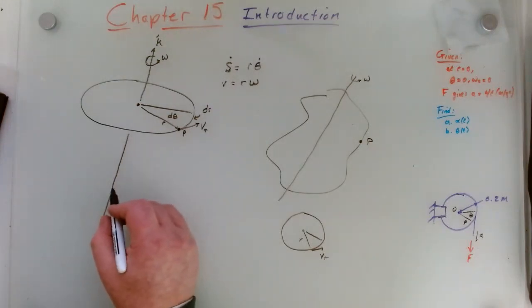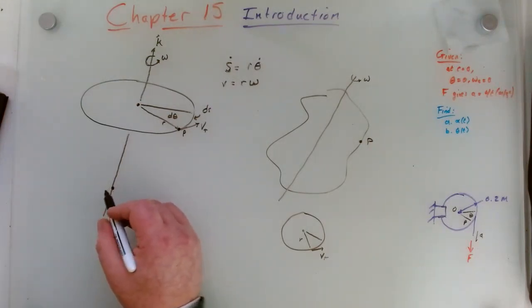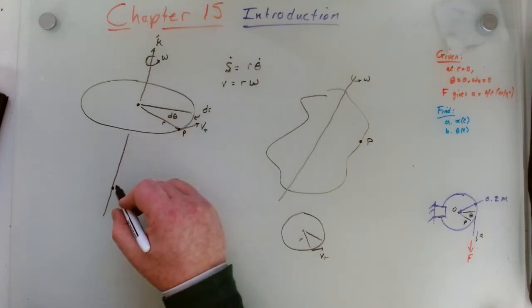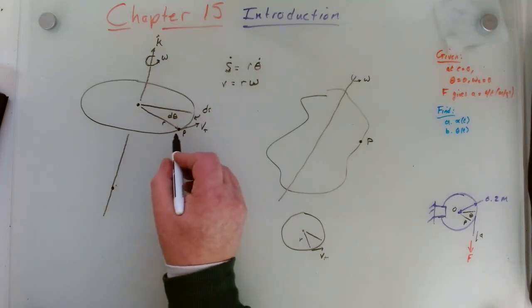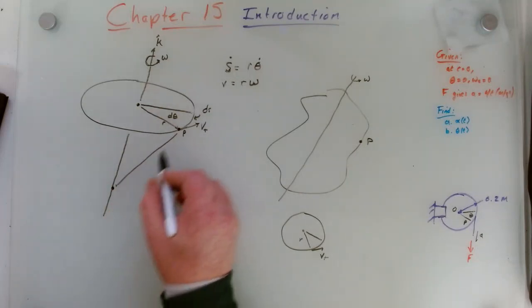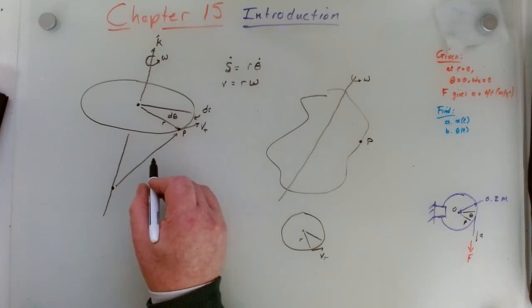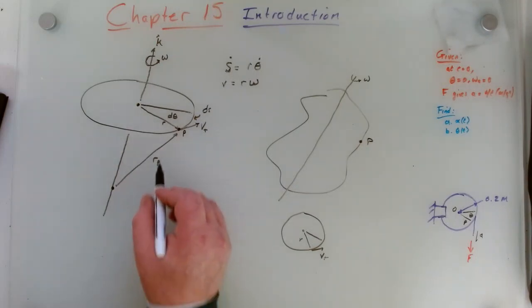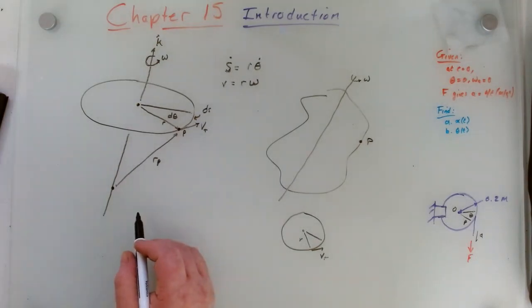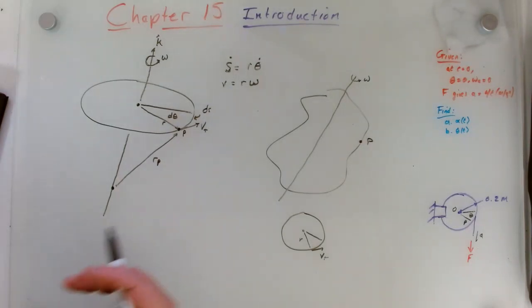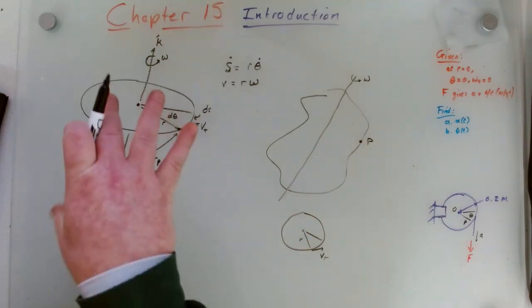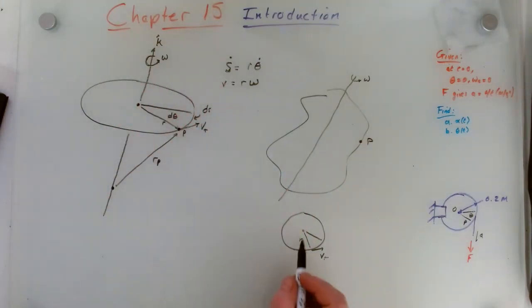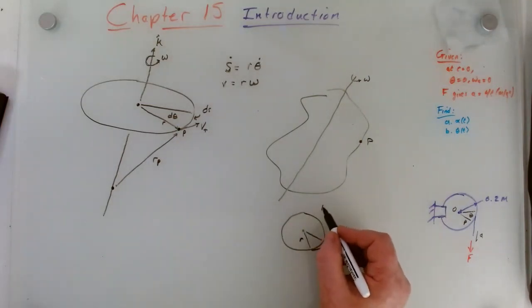What we're going to do is pick a point down here, doesn't matter where, and impose a position vector from there to there, and we'll call this RP. It goes to P. Again, looking down on this thing, this is our top view.